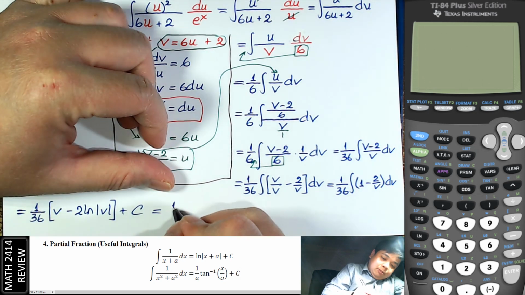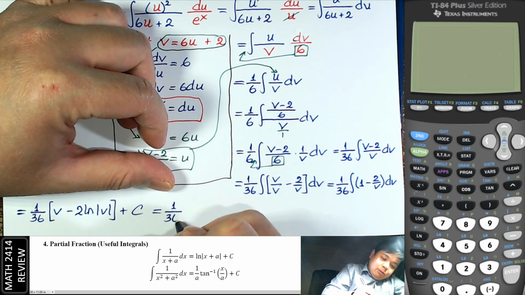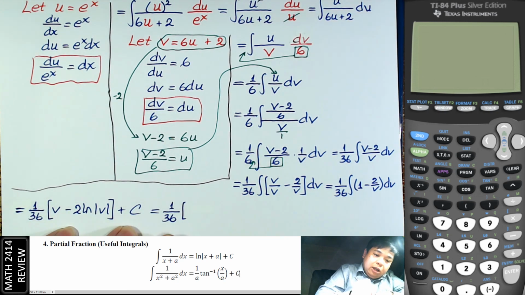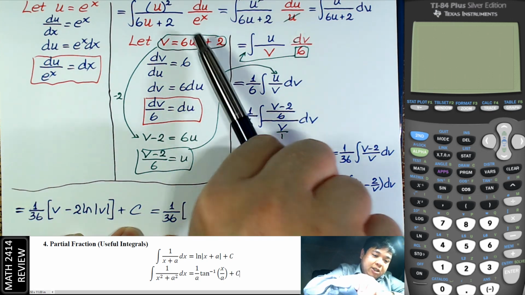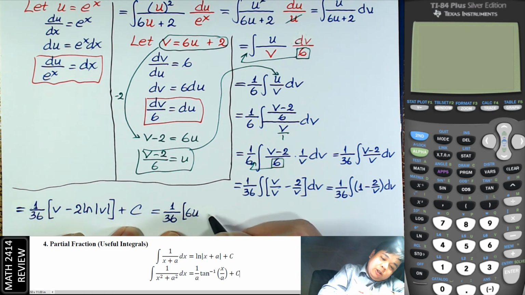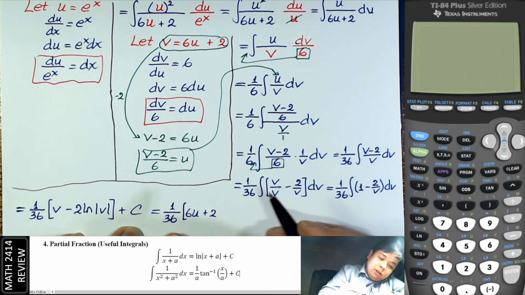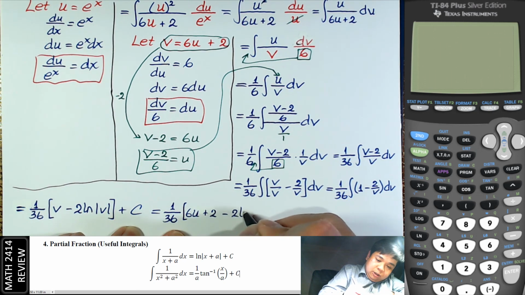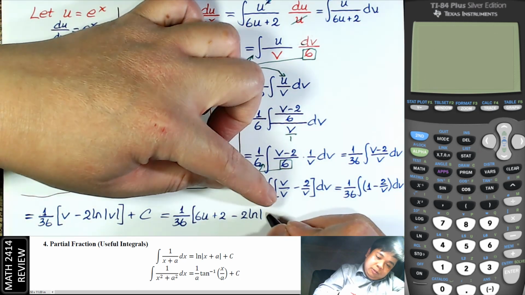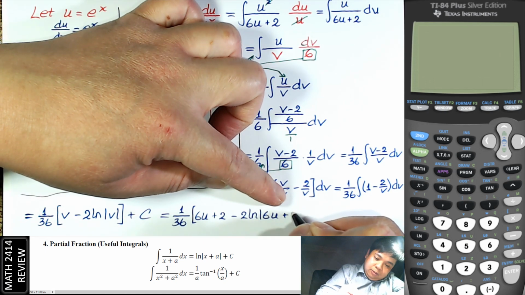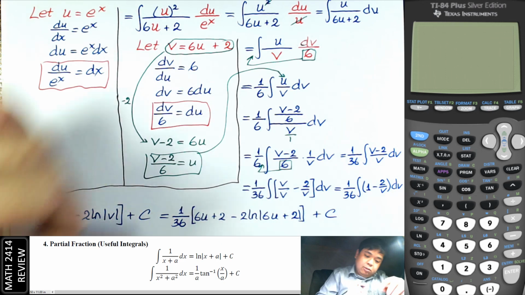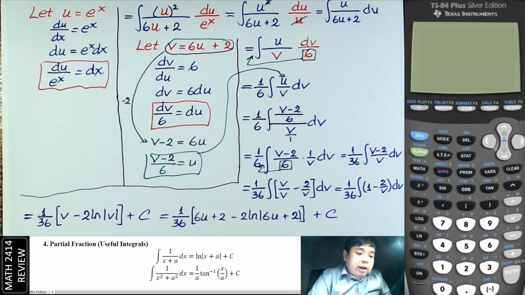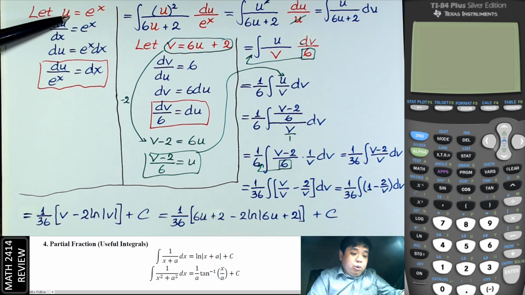Right. Now, what's v? Okay, 6u plus 2. That is v, and then u is e to the x.